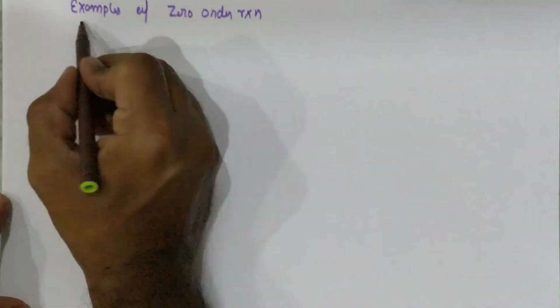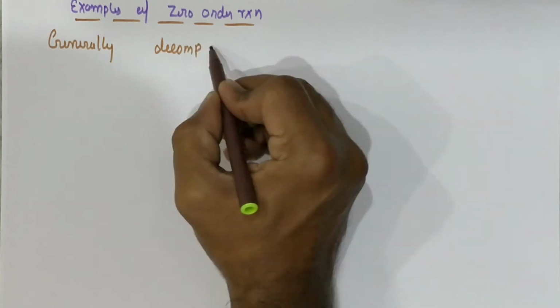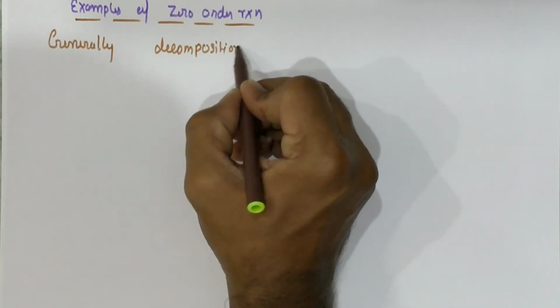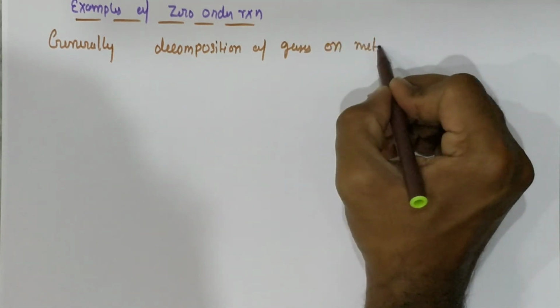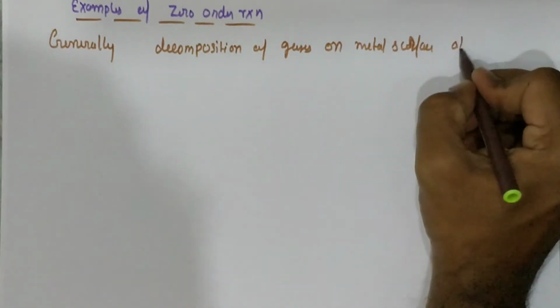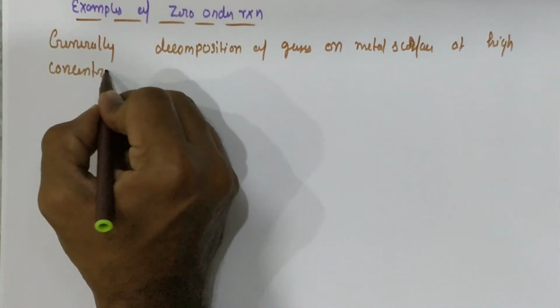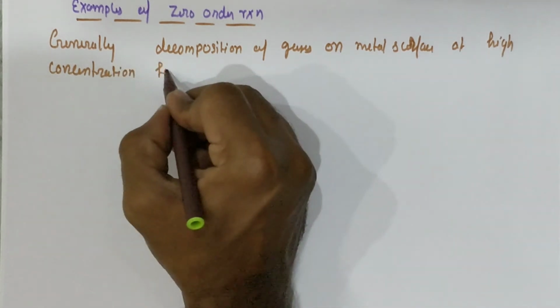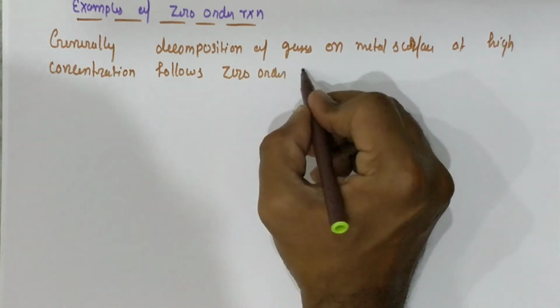Some of the common examples of zero order reaction are, generally, decomposition of gases on metal surface at high concentration follows zero order kinetics.